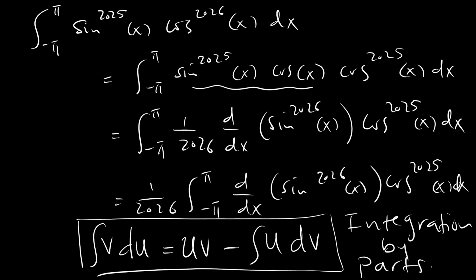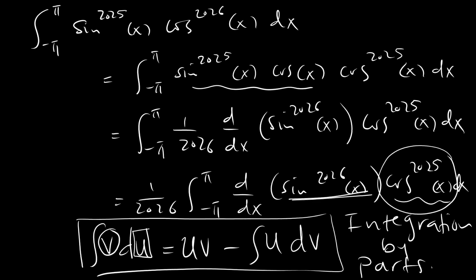Okay, so we take sine x to the power 2026 as being u, and cosine of x to the power 2025 as being v. We apologize for that confusion.